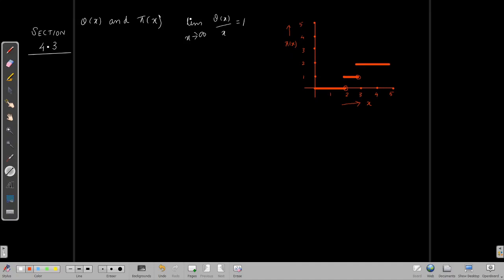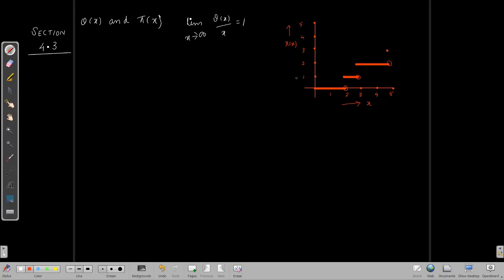At the point 5 we have the value 3 because there are 3 primes, 2, 3, 5. So this shows that phi of x can be considered as a step function. Similarly, you can consider the graph of theta of x.